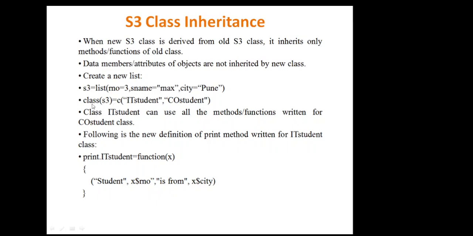Now class of S3 equals, since this student is from the IT department, I want to create a new class, IT student, for this S3 object, and I am inheriting that class from the CO student class, because for CO student I have already created a print method and I want to inherit that print method as it is for my new class, IT student.